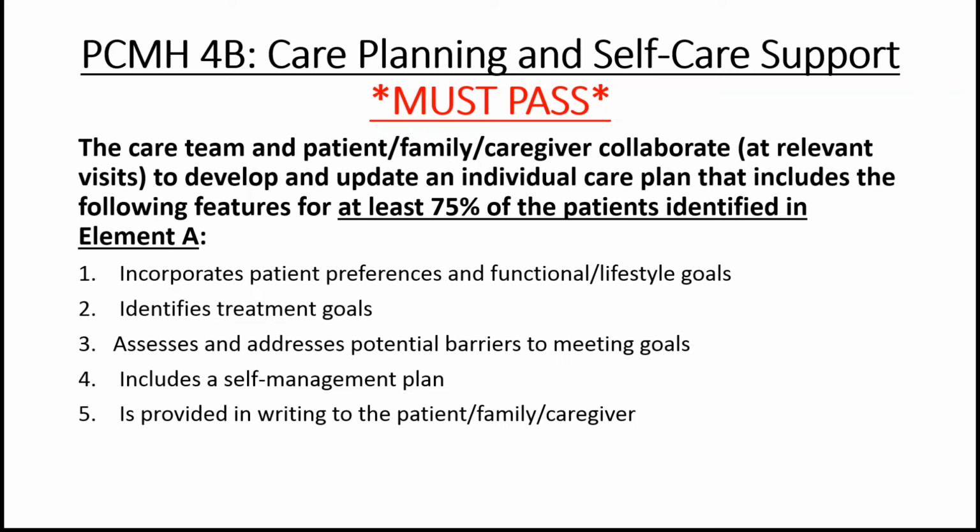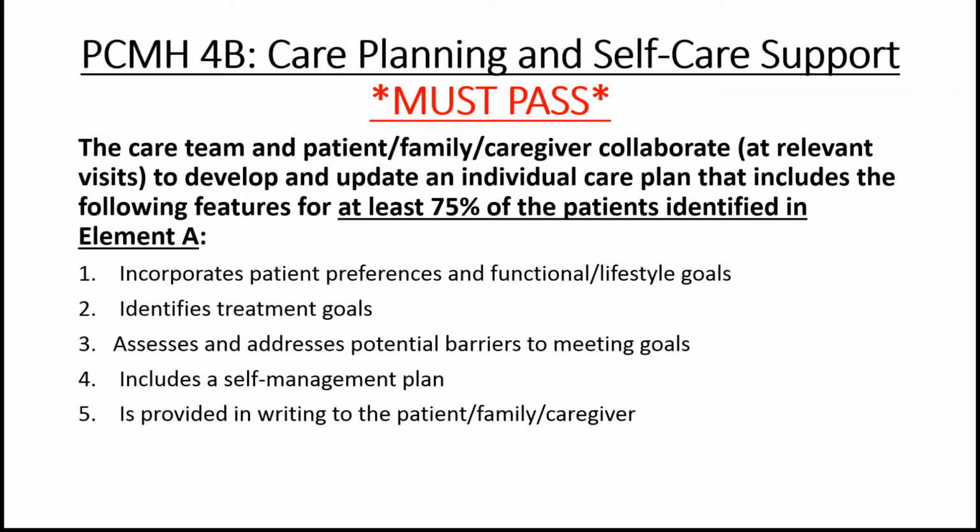So if there's a history of noncompliance, for example, just noting that this is addressed and it's discussed with the patient so that they can help meet their goals and get over whatever barrier they may have. Factor 4 includes a self-management plan. So looking at goals again and ways to monitor self-care, the way that patients can record and help with their care while they're not in the office with the provider.